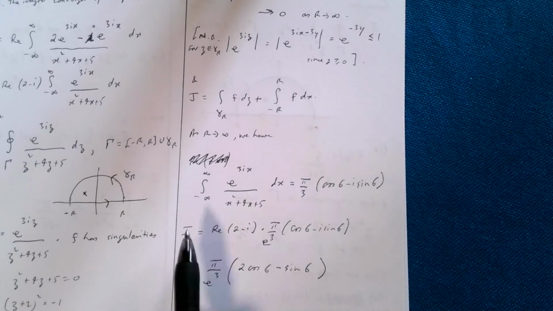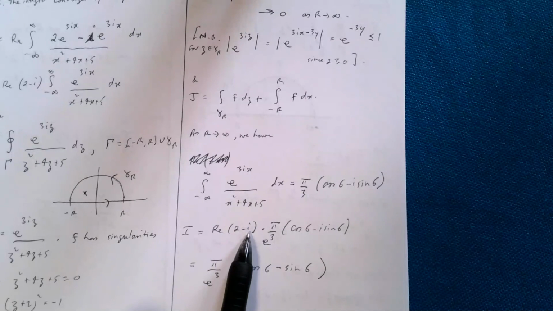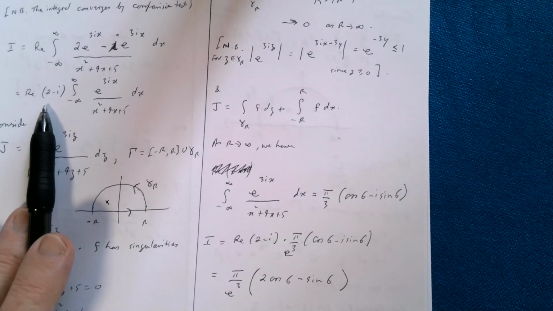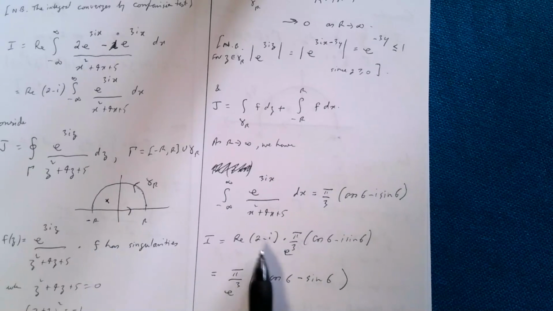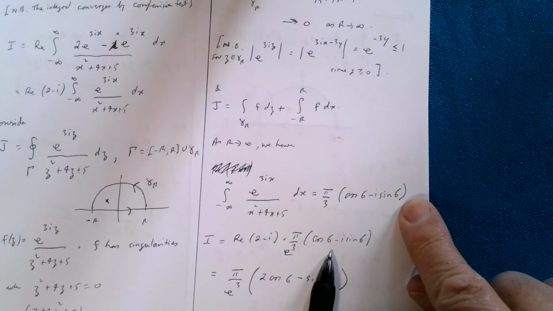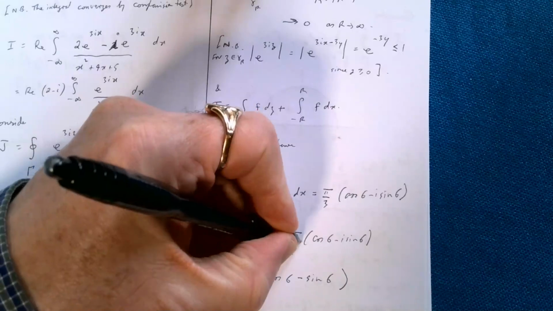Now, our integral was the real part of 2 minus i times this integral. That's what we had back up here. So the real part of 2 minus i times this expression that we got from before, so this is over e cubed.